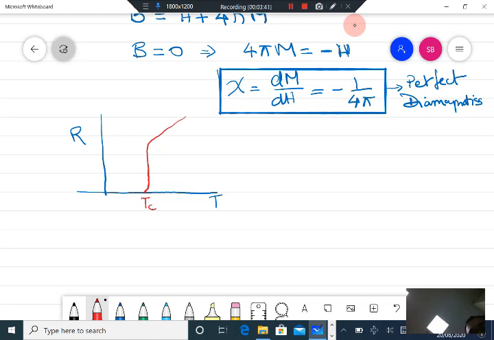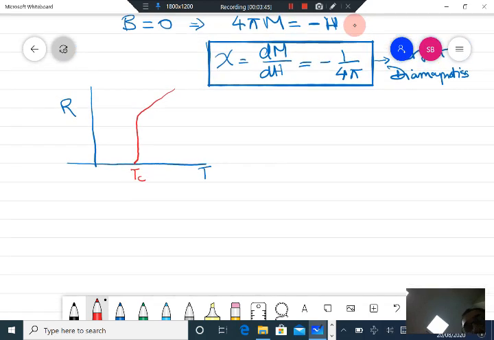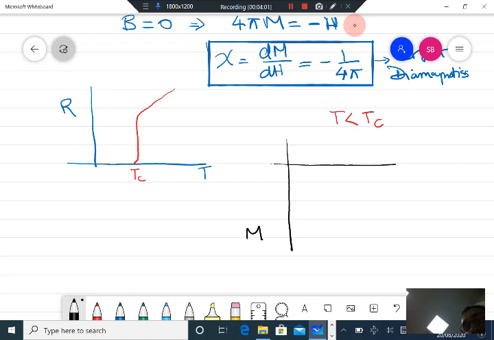Now when you are below Tc, for T less than Tc, you should do a magnetization measurement, namely measure the magnetization as a function of applied magnetic field.